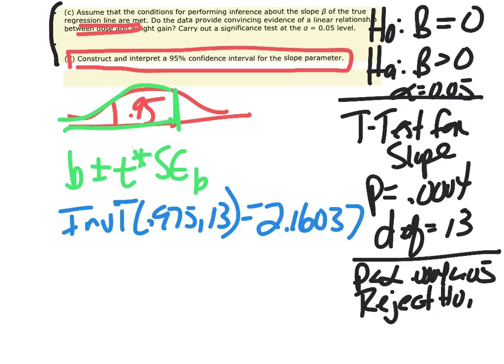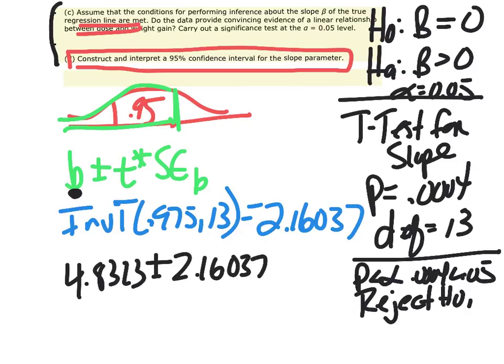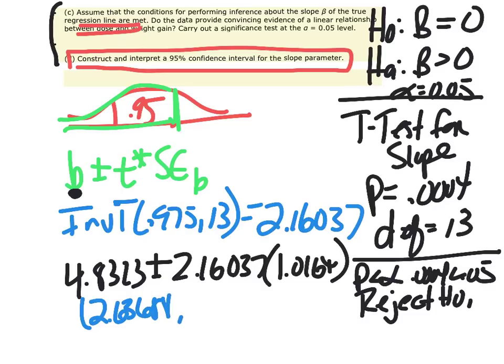From the printout, we know that the slope, our b, our statistic, is 4.8323, plus or minus the critical value we just computed. And then from, again, the computer output, the standard error of the slope is 1.0164. When you write this out, the confidence interval actually ends up being 2.63688 to 7.02772. I'm not going to write it down, but the conclusion, I'm going to say it.